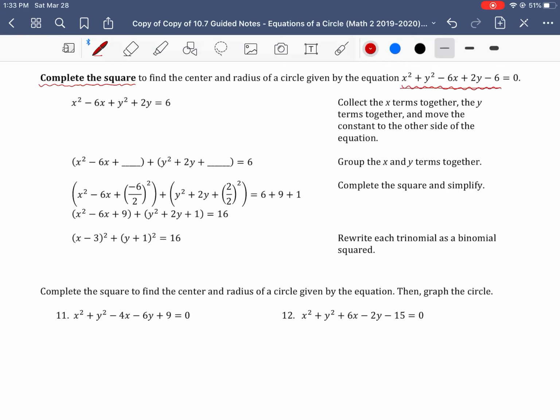Well, if we reorganize that, that's kind of your first step. Notice that we wrote the x squared minus 6x first. So we put the x terms together, just grouped them, and here's our y terms together, and then we just threw the 6 on the other side.